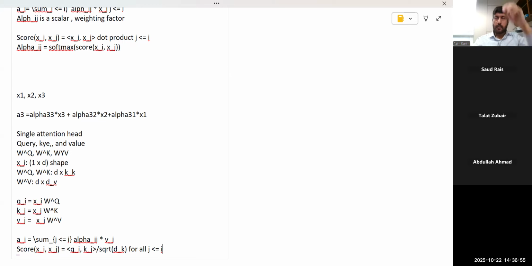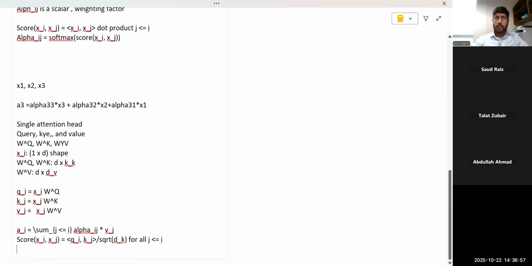Okay. And then your alpha is obtained the same way as before: we take the softmax of the score of xi and xj. Softmax would give you alphas that sum to 1, meaning that they become probabilities, and all of those probabilities would sum to 1. Okay?